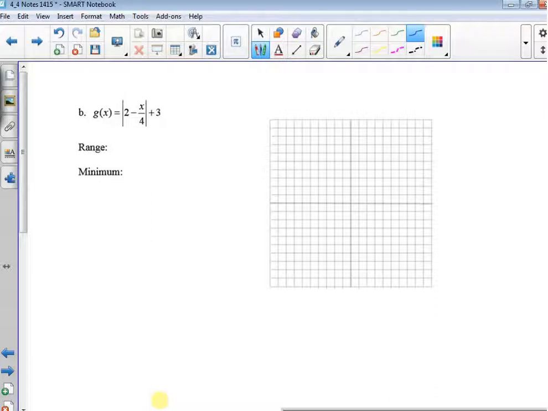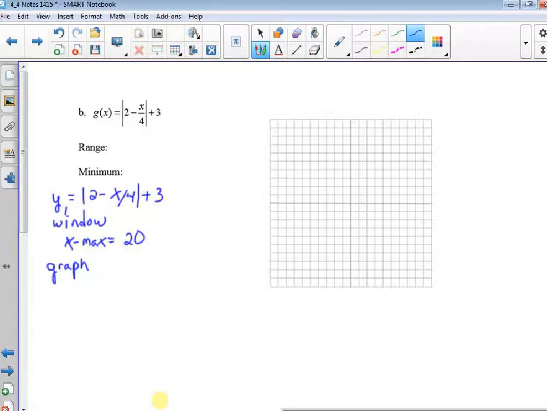So let me just write a couple things down here. We did y1 equals the absolute value of 2 minus x over 4 plus 3, and we did graph. And then I went to the window and I changed the x max because I wanted to see more of the right hand side. So I changed the x max to 20 and then I hit graph again.